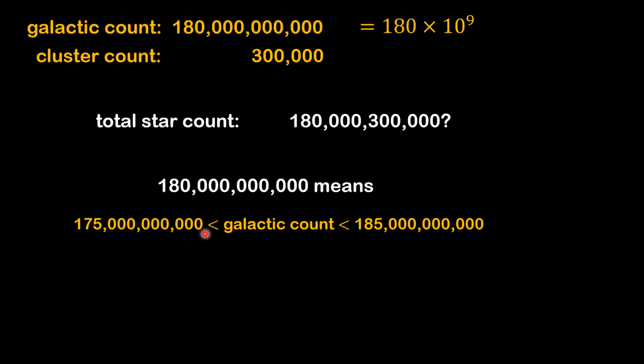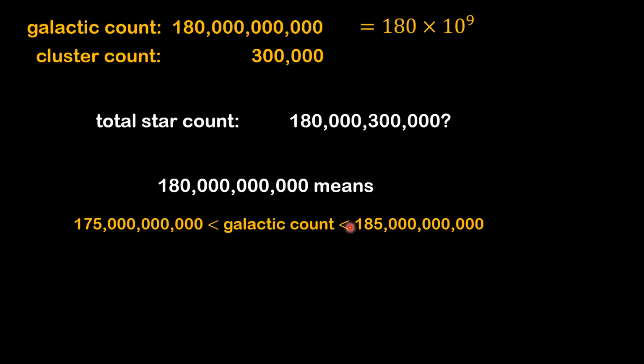So roughly speaking, you can put it in this range, right? Because if the actual value was lower than 175, like if it was 173 billion, you would have written down 170, not 180.